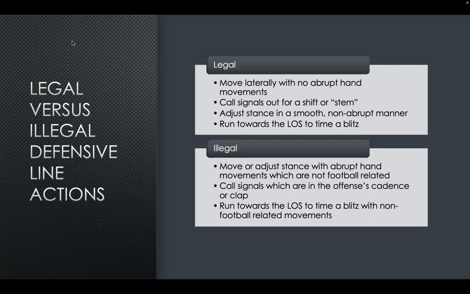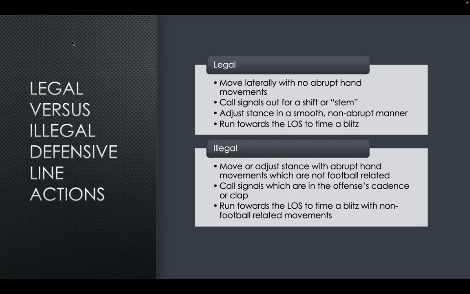If the offense is in the middle of their cadence and you see the linebacker run up to the line of scrimmage, because maybe they figured out the cadence of the offense, or movements by the center which give them an idea of when they snap the ball, that's allowed, given there are no additional surrounding non-football related situations.